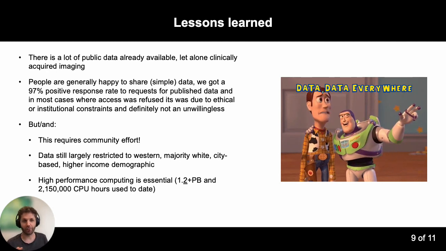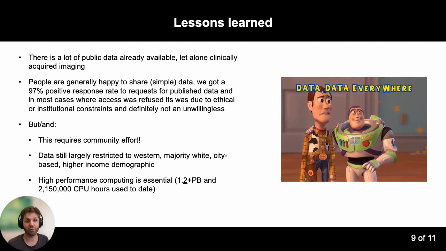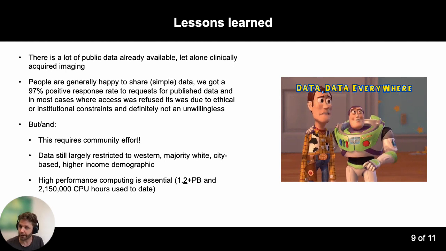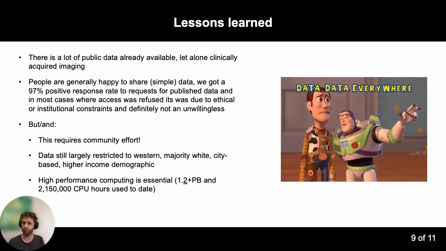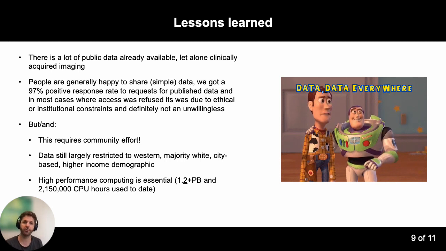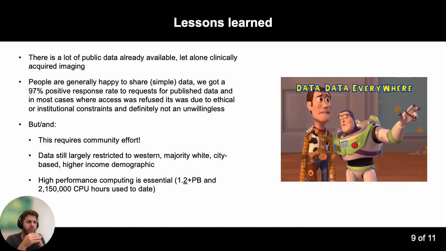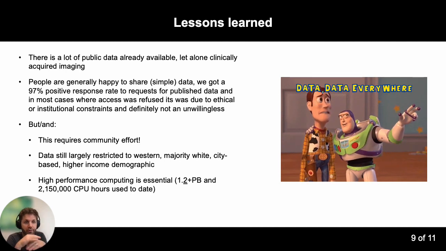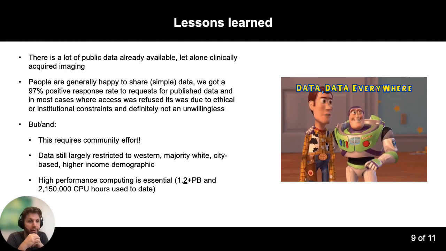The first thing that we learned is that there is a lot of data that is already, to some extent, openly available, let alone data that might be clinically acquired and could be accessible through a specific healthcare setting or project. I should also say that our experience with this whole project has been that people are generally very, very happy to share data.